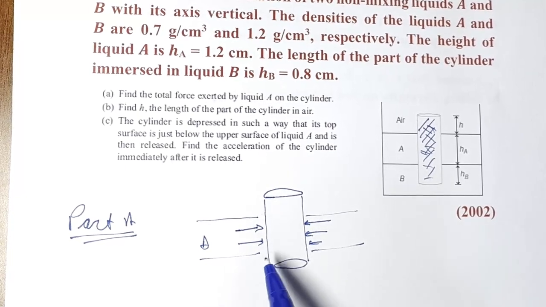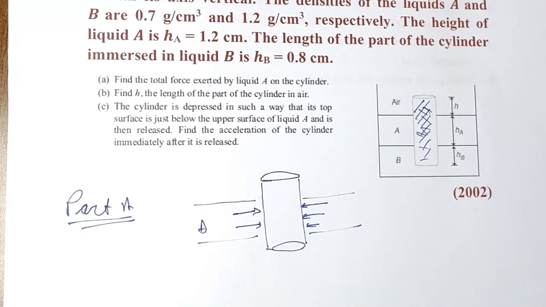So as the pressure is radial and symmetrical, therefore the net force that will be exerted by this radial and symmetrical pressure will be equal to 0.